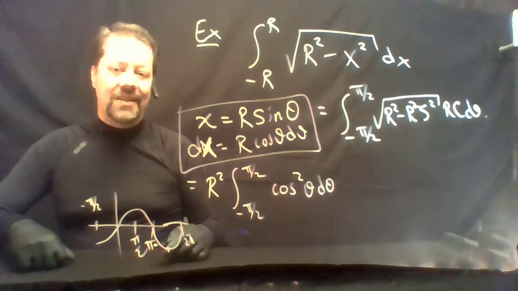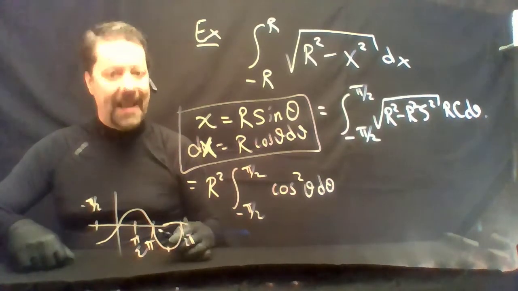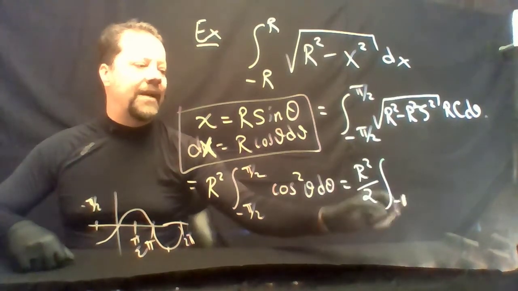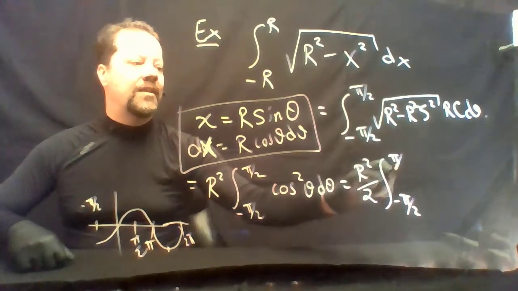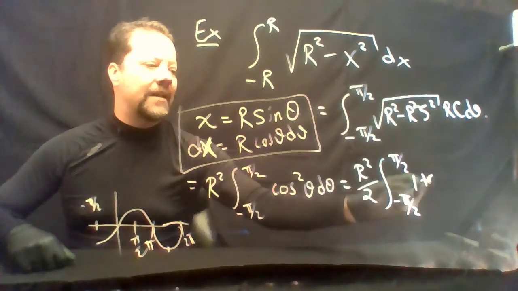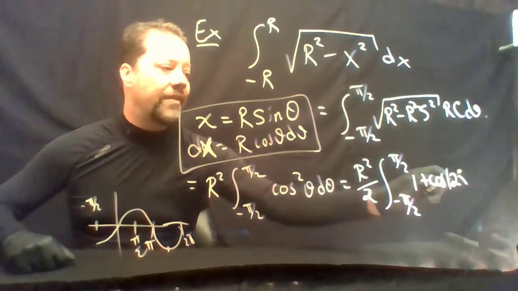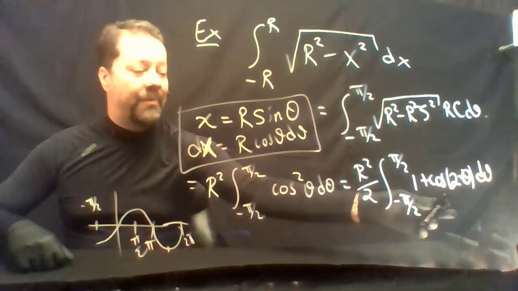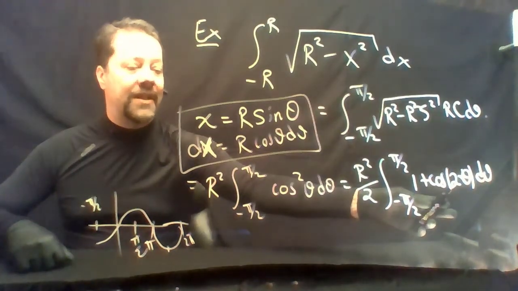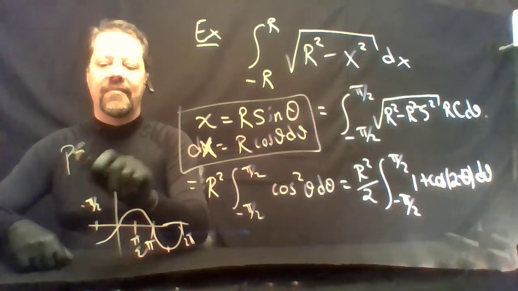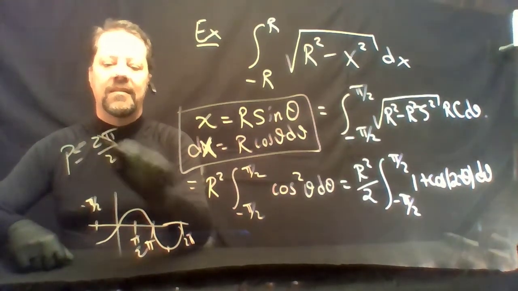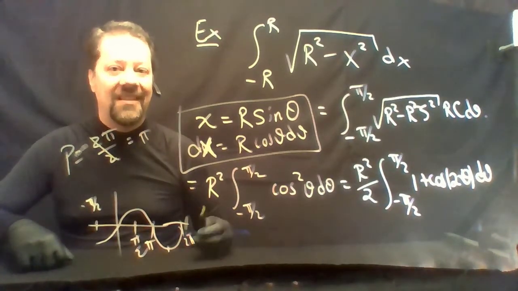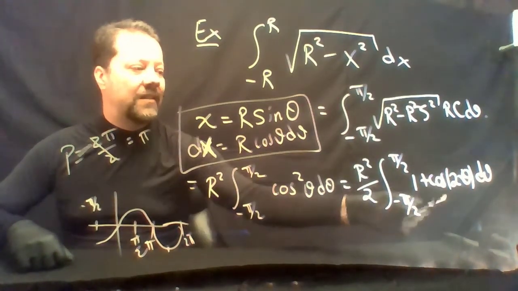To integrate cosine squared theta requires the use of a half angle identity. So that's r squared over 2, the integral from minus pi over 2 to pi over 2 of 1 plus cosine of 2 theta d theta. The period of cosine 2 theta is pi, which happens to be the length of the interval that we are integrating on.